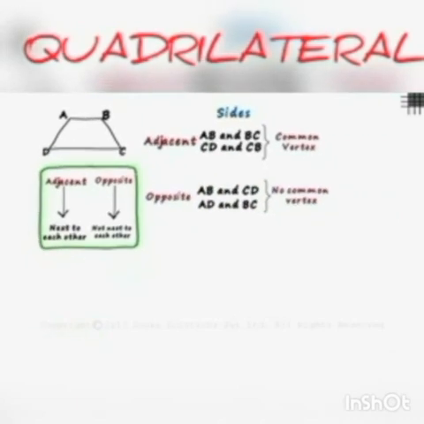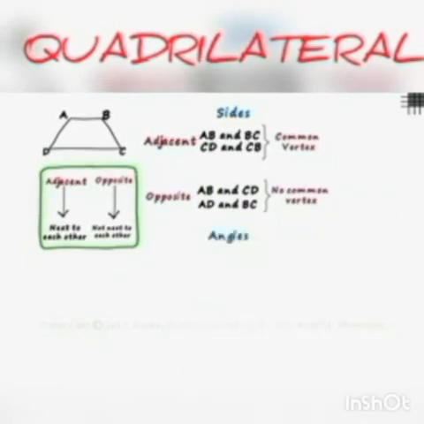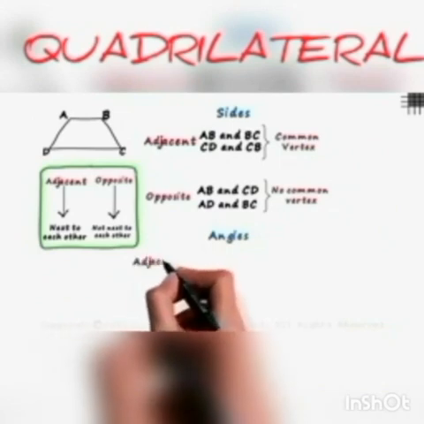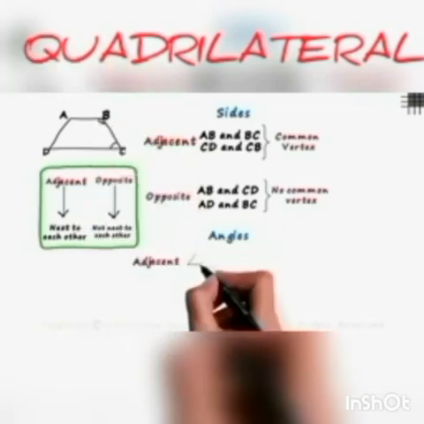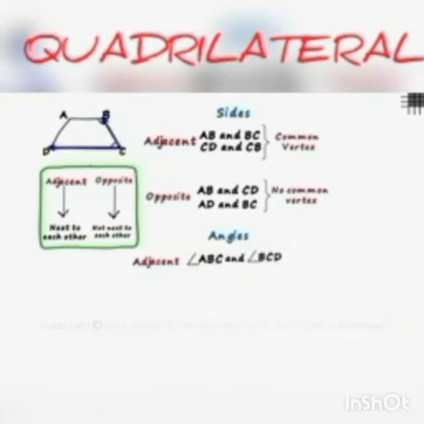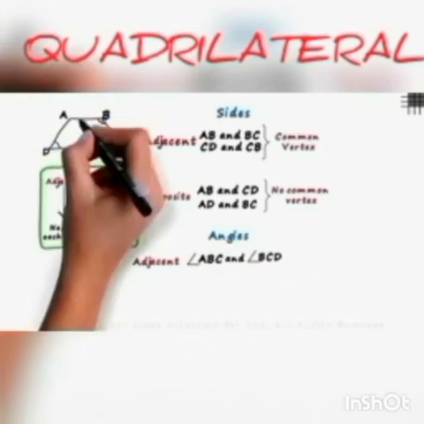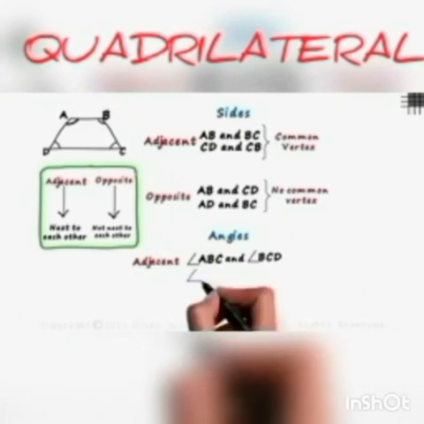Next, we can talk about angles. First, adjacent angles. Here, angle ABC and angle BCD are adjacent angles. Similarly, angle CDA and angle BAD are adjacent.